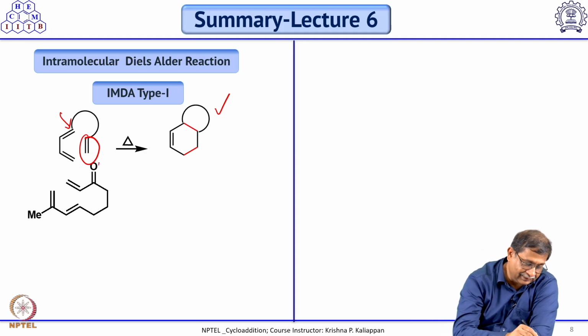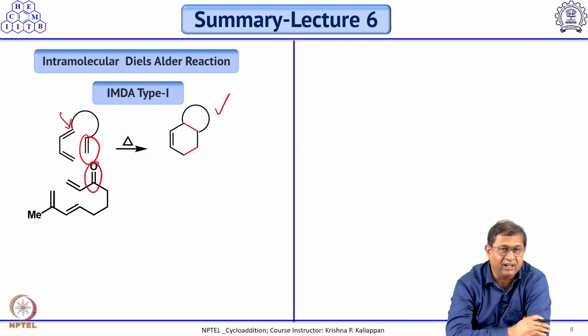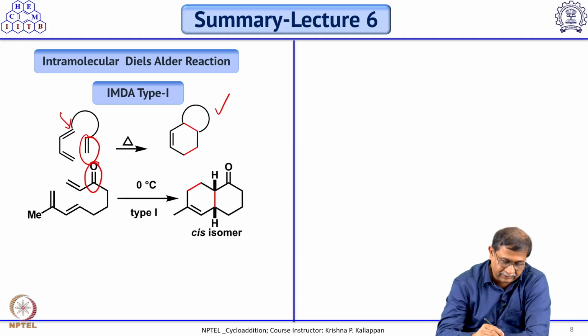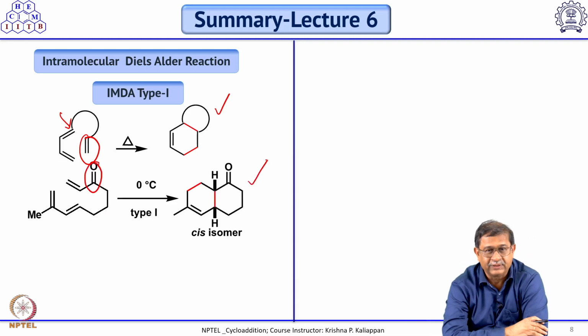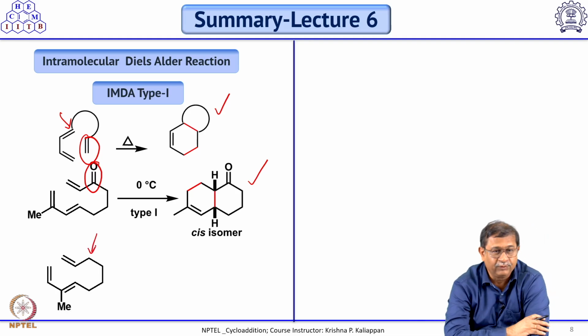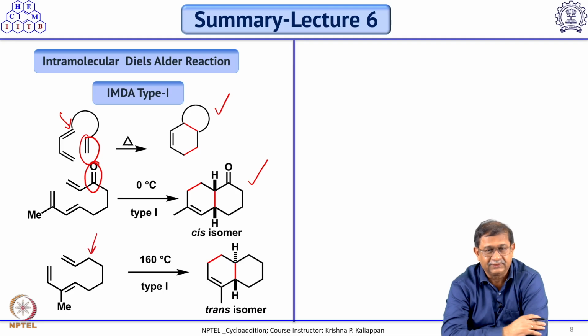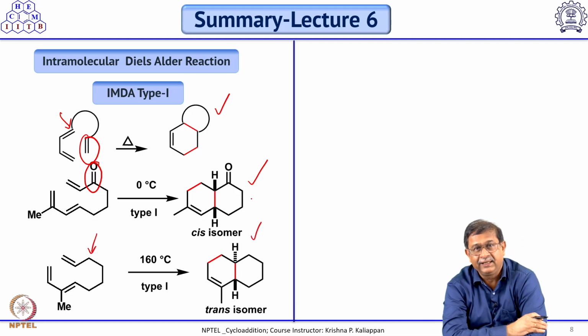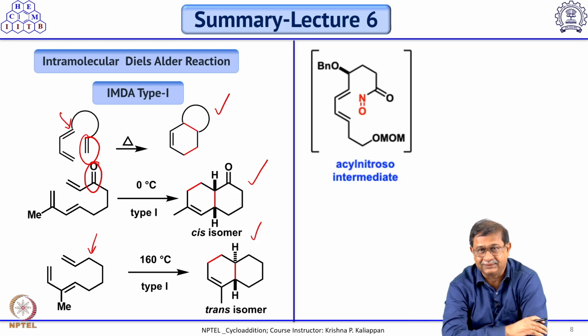And when you have an electron withdrawing carbonyl group attached to the dienophile, in the final outcome you get the cis isomer, and if you don't have the carbonyl group, that gives the trans isomer. We also discussed the transition state leading to both cis and trans isomers in these two reactions.